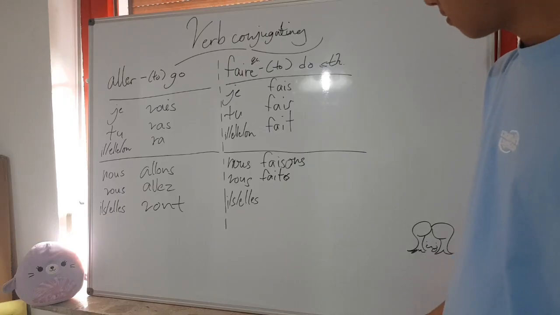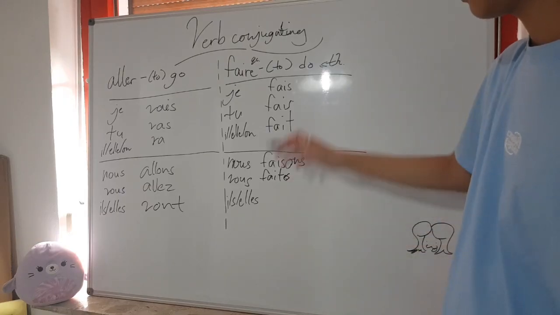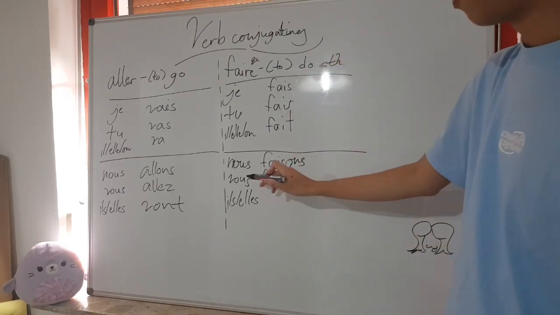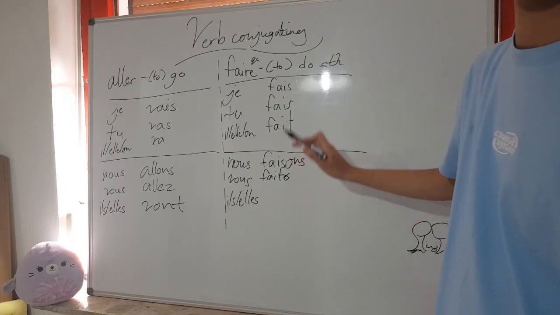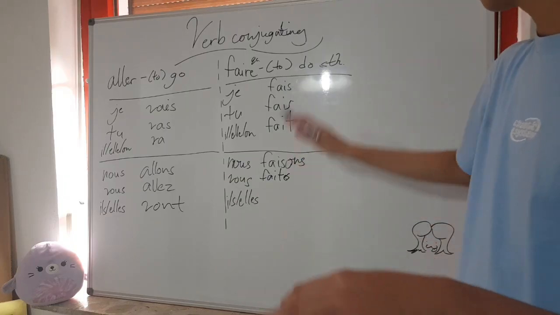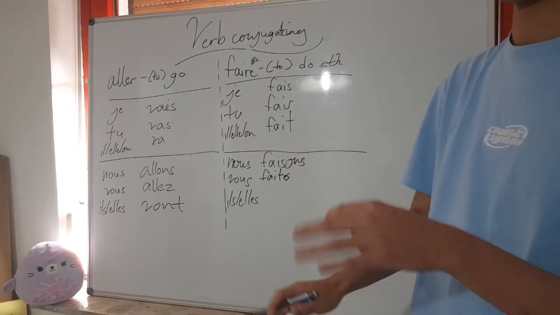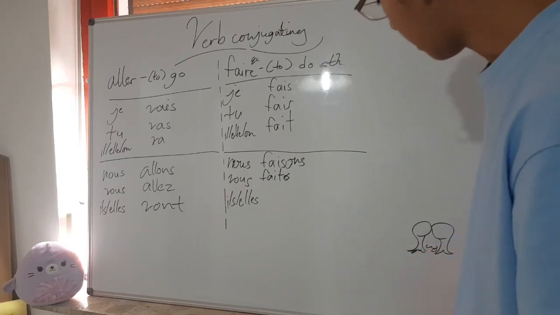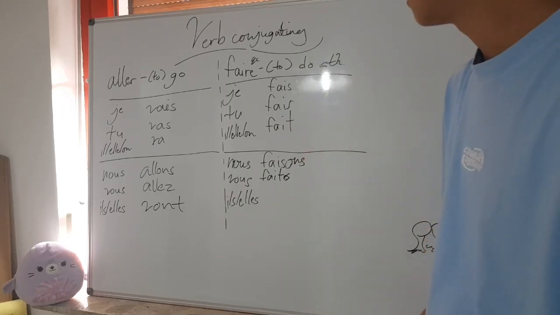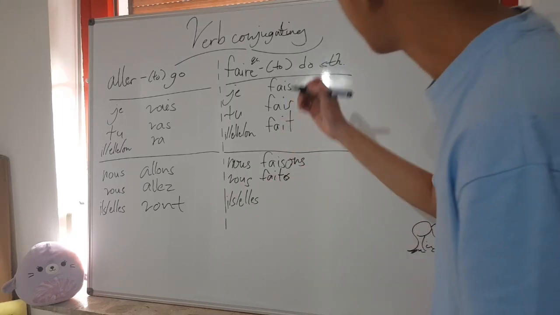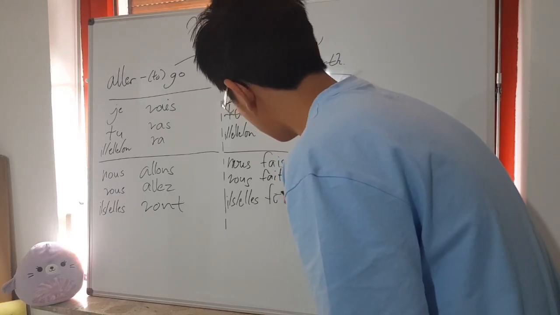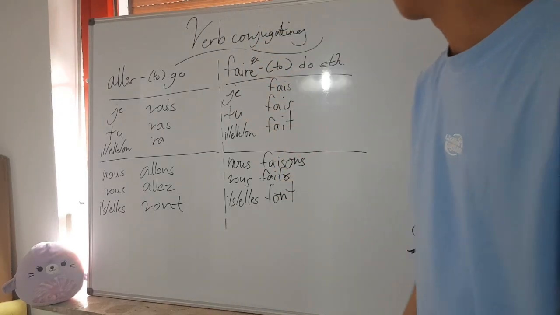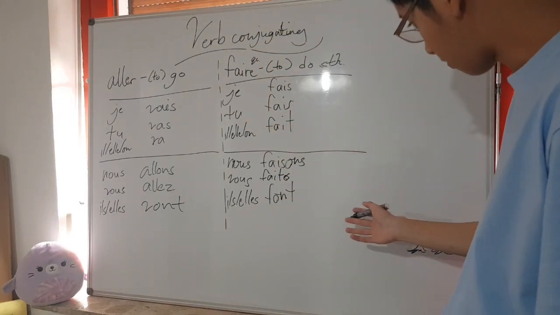Now you may notice that usually for vous, the ending does not end with a Z. But we'll talk about the usual endings later on. Then we're moving on to the next one. Ils and elles, same as être and aller. Ils, elles, font.